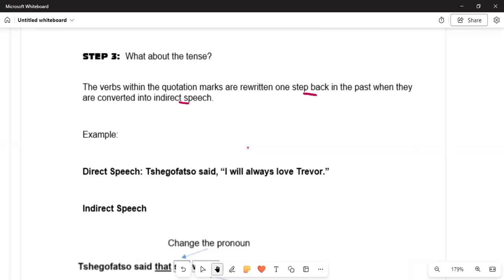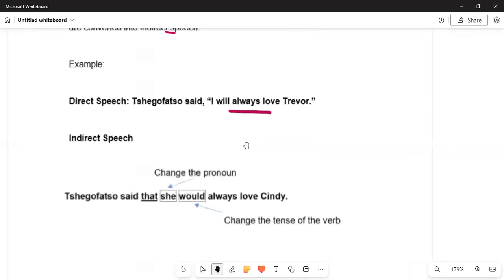For example, direct speech: Tsirifatso said, I will always love Trevor. Can you see? That is direct. You are reporting the words which she stated.